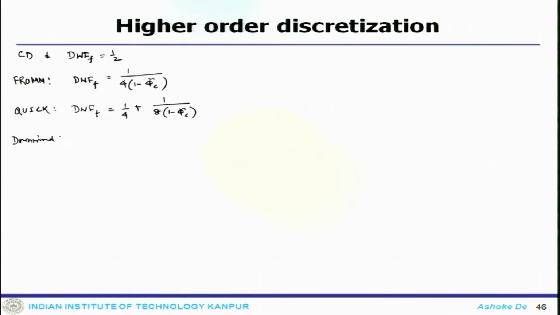Now, the DWF factor for the downwind scheme would be 1.